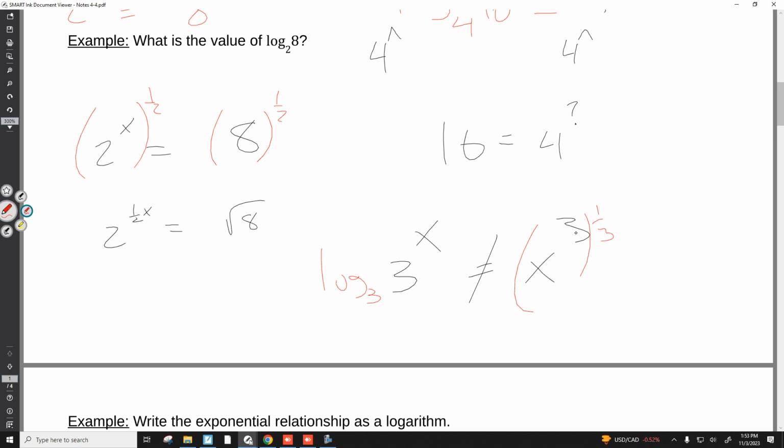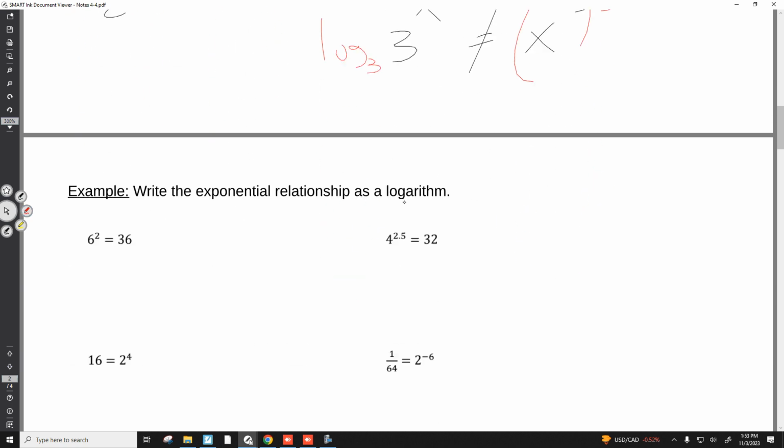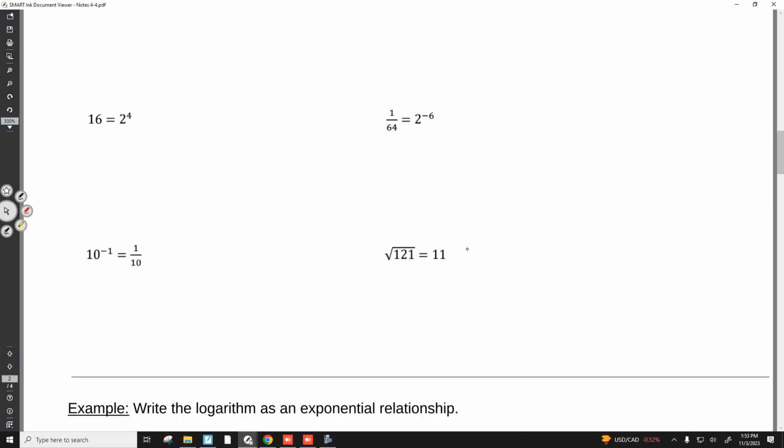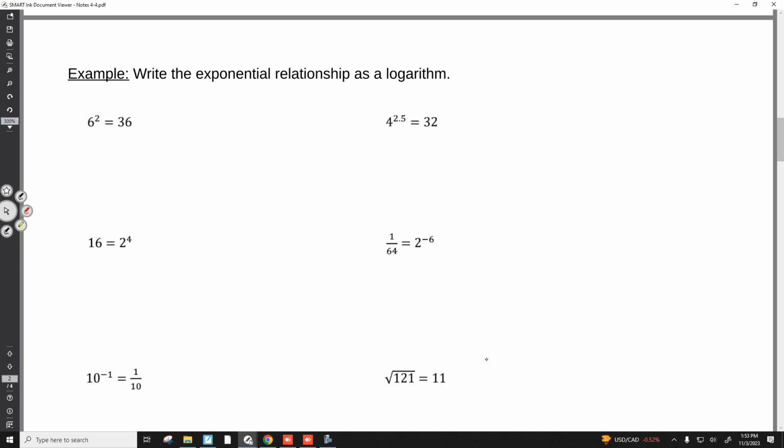Cool? All right, cool. Now, we're not going to spend all this time redoing things over and over again. We understand 6 squared is 36. We understand that if you took the log base 6 of both sides, the log base 6 of 6 squared is 2. 2 equals the log base 6 of 36.